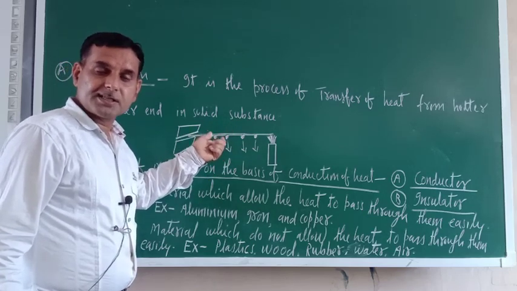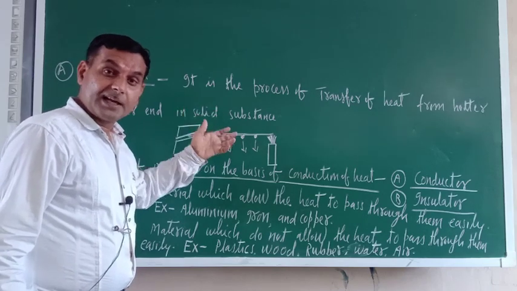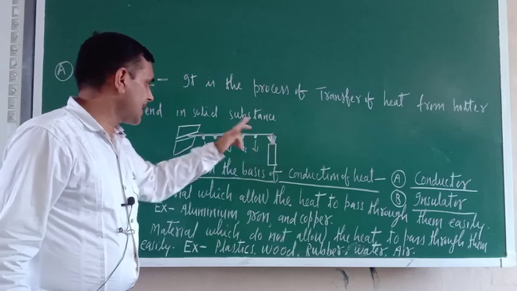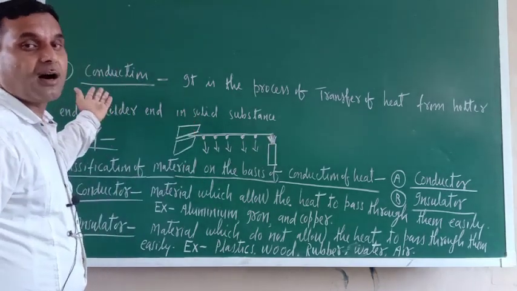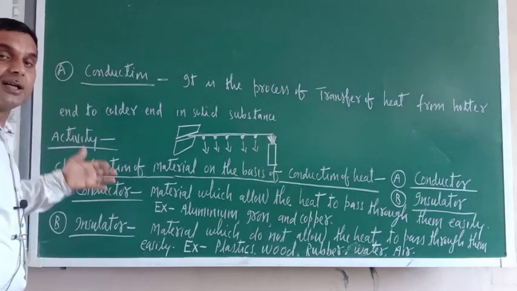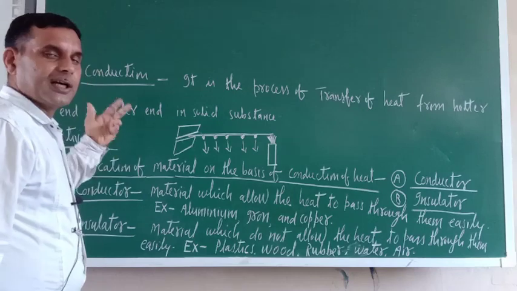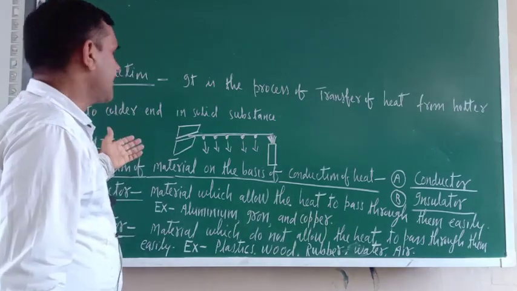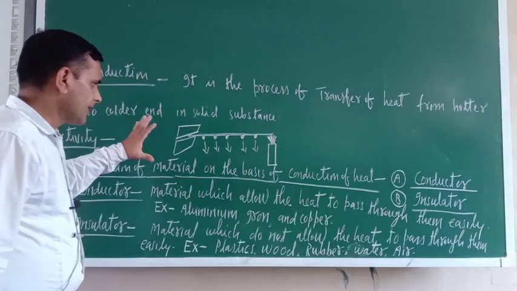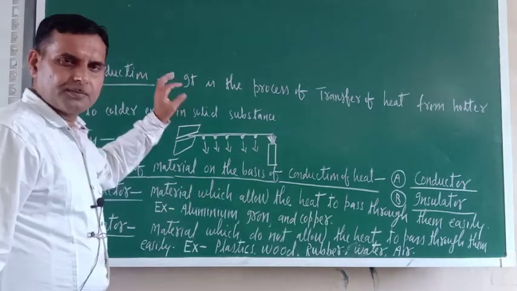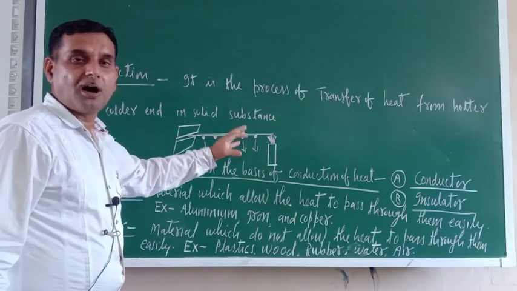This strip of metal was solid, and heat is transferring from this end to this end. This process is known as conduction. It is the process of transfer of heat from the hotter end to the colder end in a solid substance. Drop by drop they melt, and it proves that heat transfers from the hotter end to the colder end.